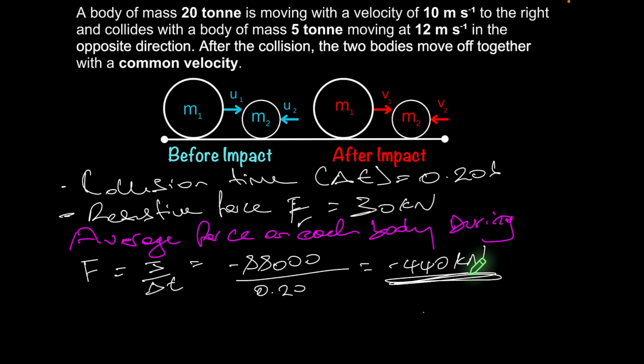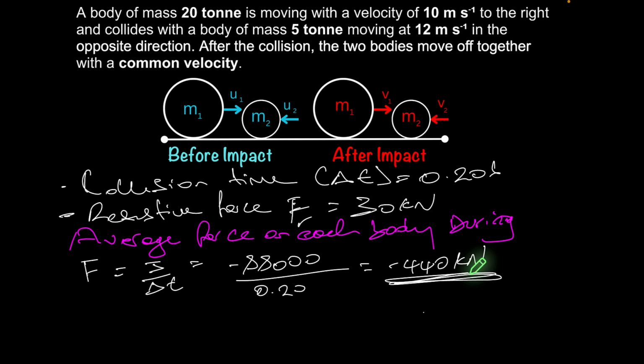Now what's important to analyze here is the shorter the duration of the time is, the bigger the force. So the force is directly proportional to the impulse, but it's inversely proportional to time. So if time is reduced, then the force is going to be much greater.